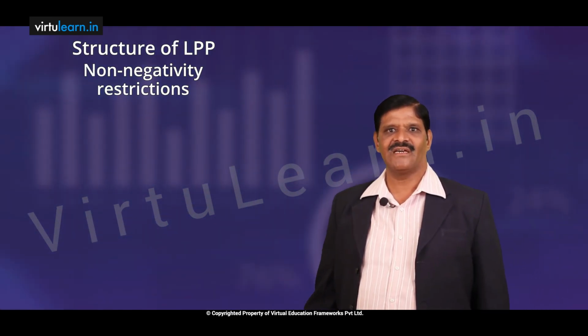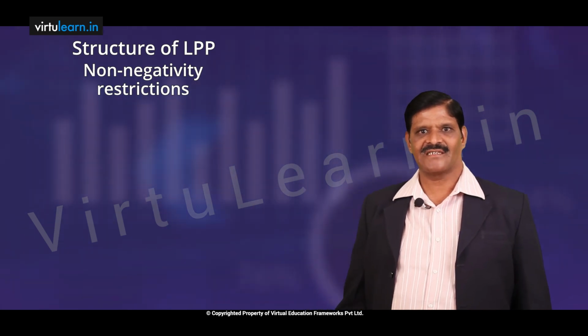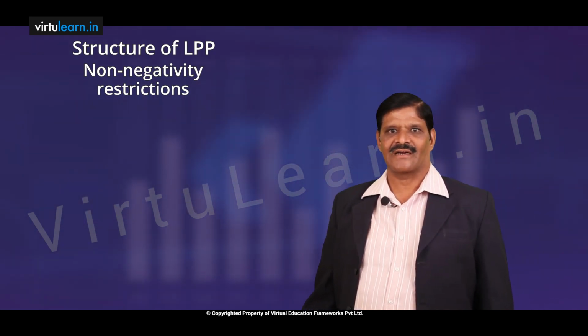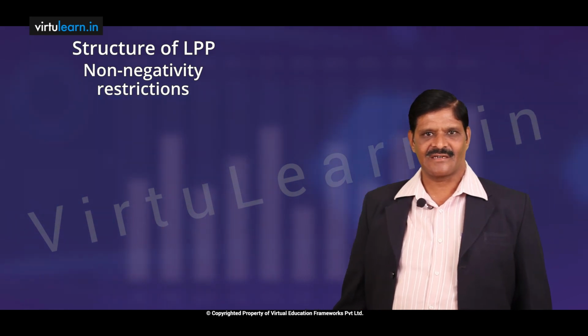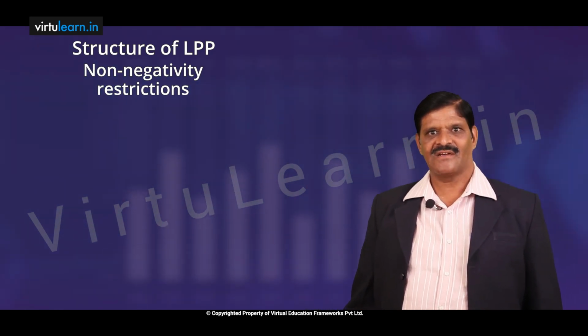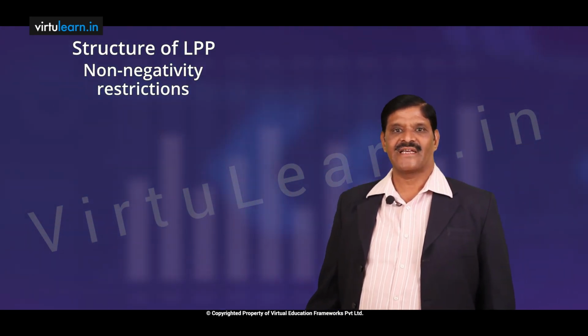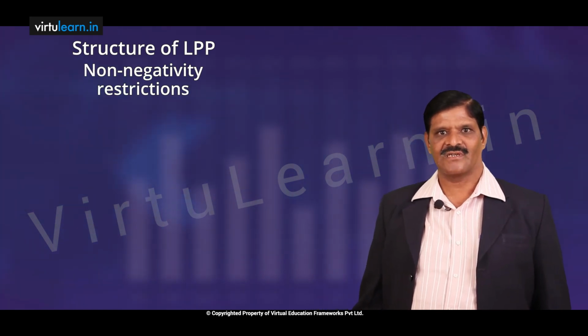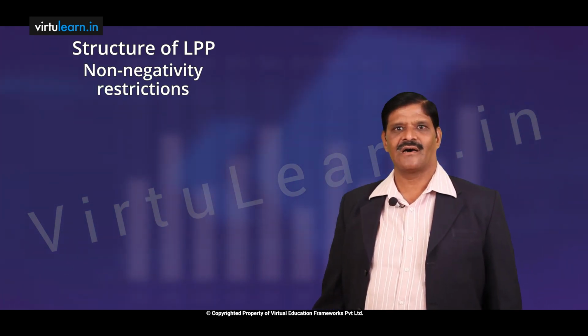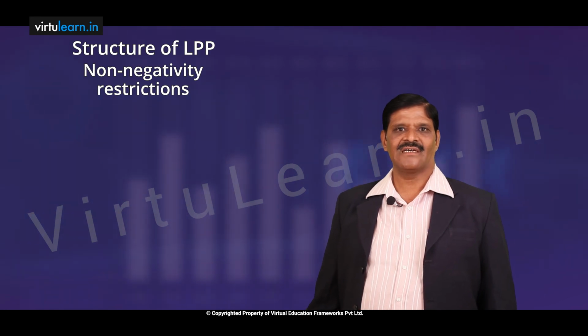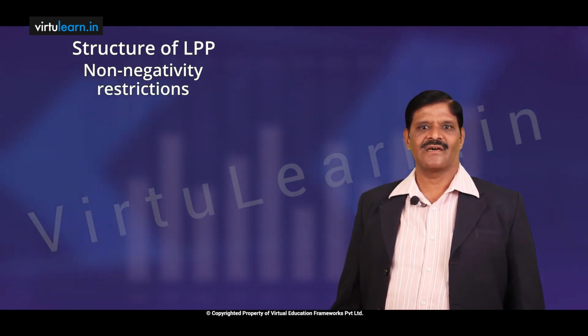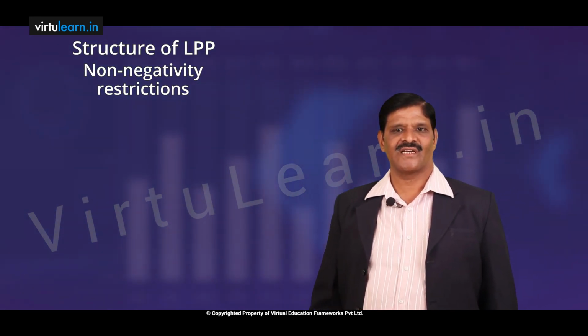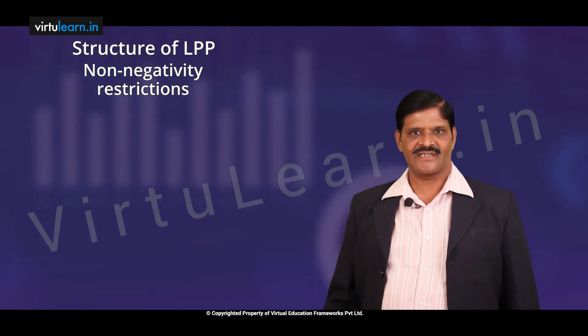Production can never be a negative number. That is the reason we call them non-negativity restrictions. That means certain variables cannot take negative values. Either they should be 0 or only positive values. Such a restriction is known as a non-negativity restriction.